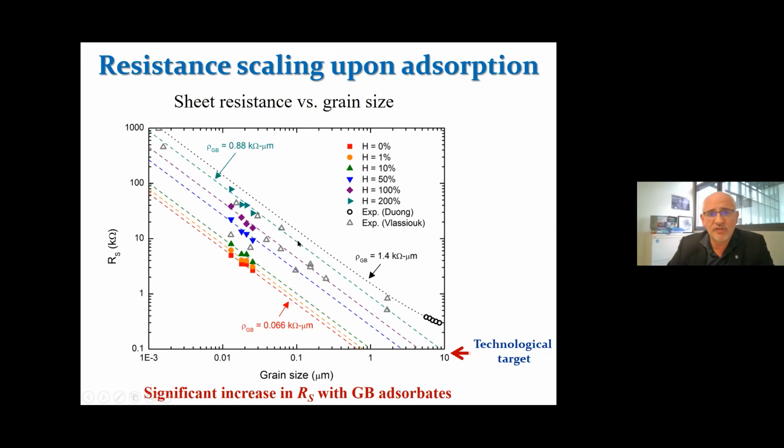We also have put some experimental data, and we find again this linear downscaling of the sheet resistance. But of course, if you increase the contamination, here we show the case with hydrogen, then you will increase the resistance. So eventually, you can match the range where experimental estimates are located.